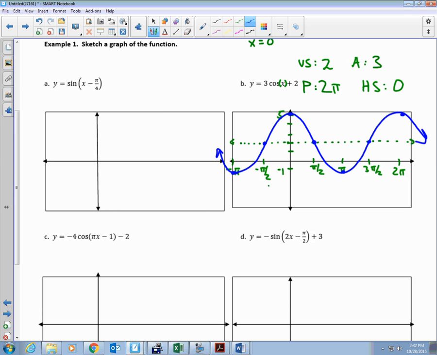Does anybody have really nice looking sine graphs that they could display so we can see? Be really proud of yours? Let's see what you got. Okay, what do you guys think? Rated on a scale of 1 to 10, what do you think? Oh, wow. No, that's pretty harsh. A 1. Come on, folks.